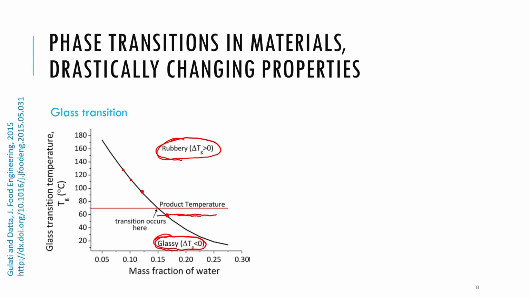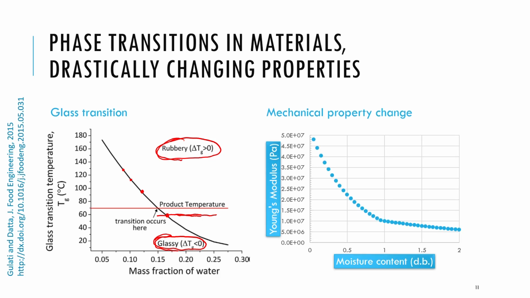So this great change in mechanical properties is shown in the right figure. So as the moisture is going down, the modulus is going up.